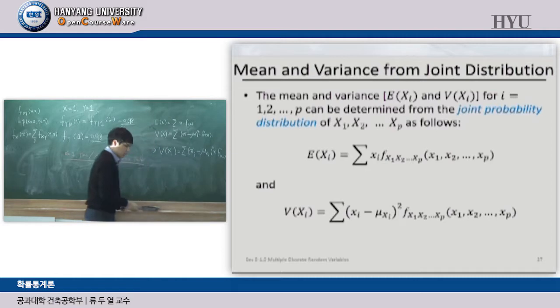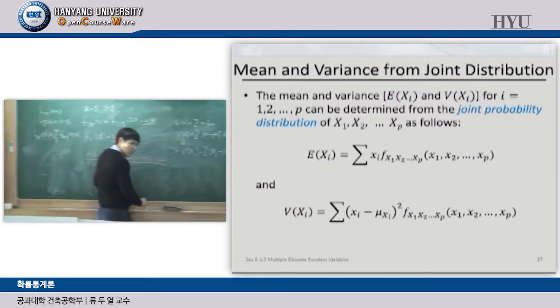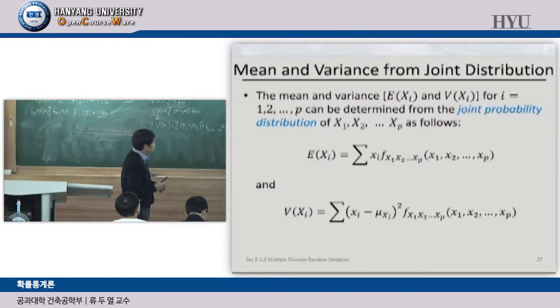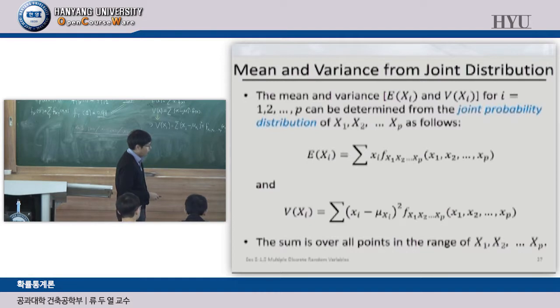Okay? This is the same formulation, but just the number of random variables is increased. So the probability mass function is changed to the joint probability mass function. Okay? That is the only difference. So this is about the mean and variance for the case of the multiple random variables. The sum is over all points in the range of X1, X2, up to Xp.